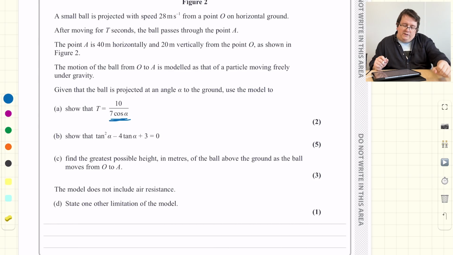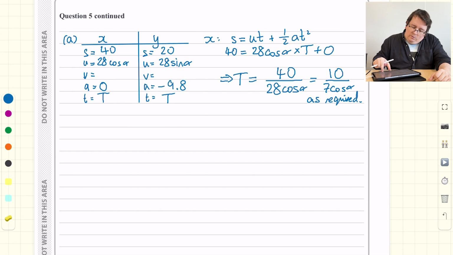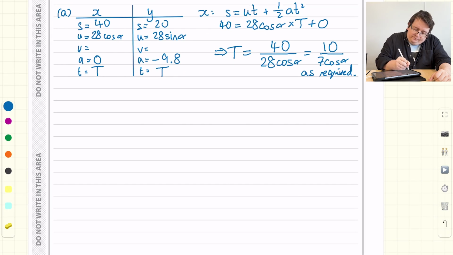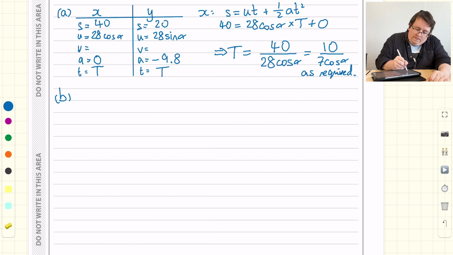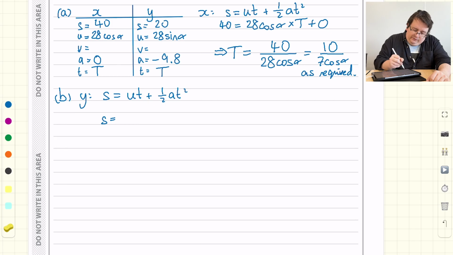So part B, show that tan squared alpha, take away 4 tan alpha plus 3 equals 0. Right, well, we're going to do a similar job then for the y direction. So again, using s is ut plus a half at squared. Sorry, not s. Look, we can use 20 now.